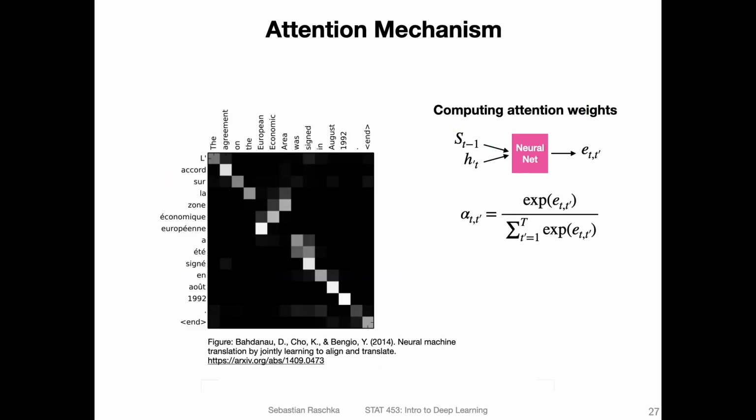Right, so to finish it up, here's another figure from the paper where they visualize the attention weights. Since the attention weights are values between 0 and 1, my guess is the white ones correspond to a high attention weight of 1, and the black ones correspond to a low attention weight of 0.